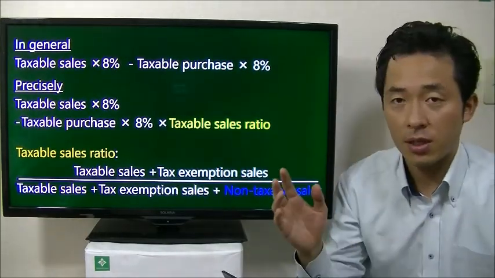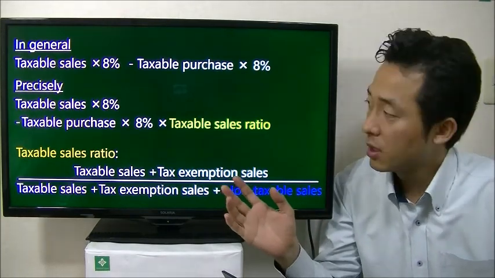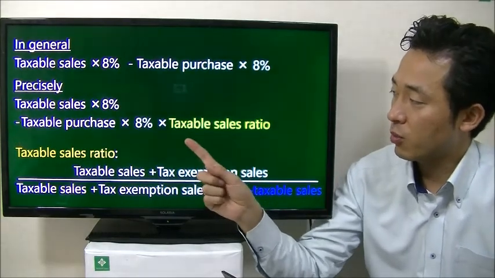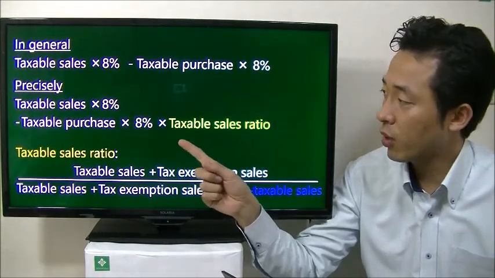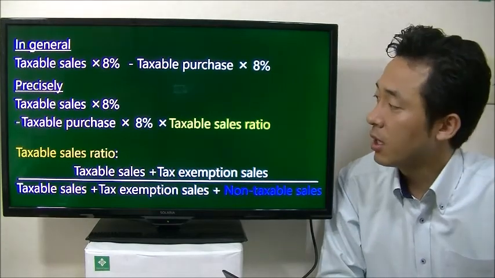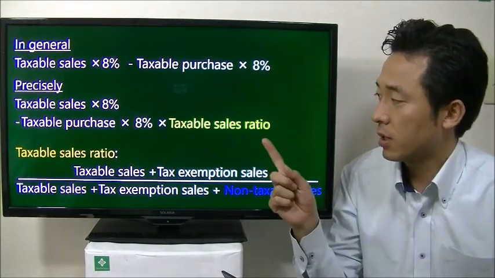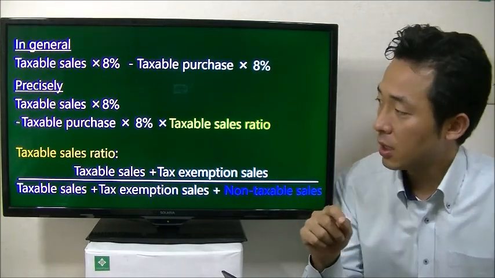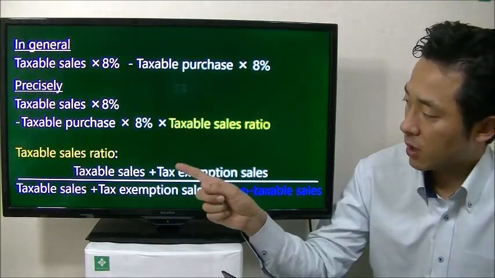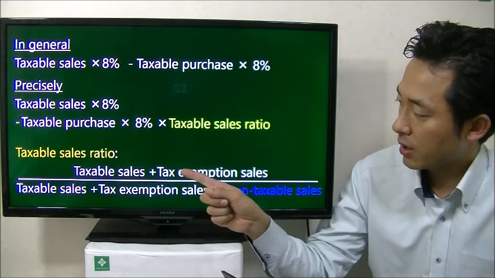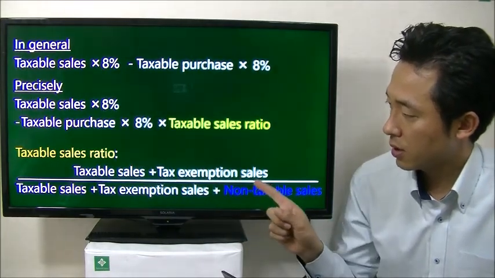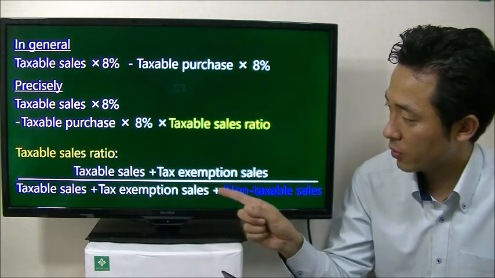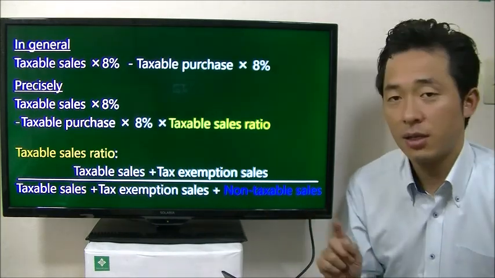But to be precise, the calculation is more complicated. Taxable sales multiplied by 8%, but the deductible part, the credit part, is taxable purchase multiplied by 8% multiplied by the taxable sales ratio. So what is the taxable sales ratio? It is taxable sales plus tax exemption sales, divided by taxable sales plus tax exemption sales plus non-taxable sales.